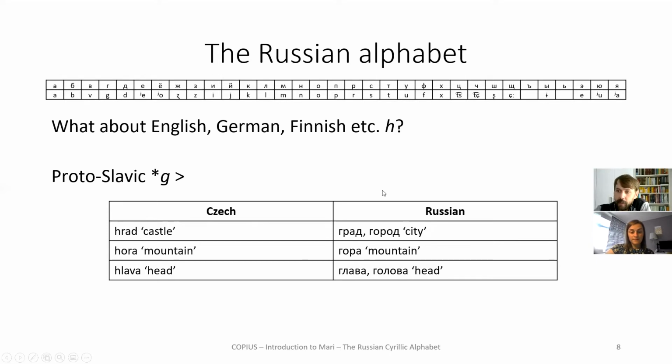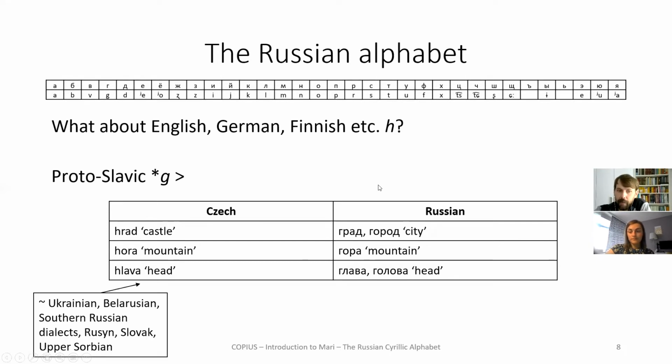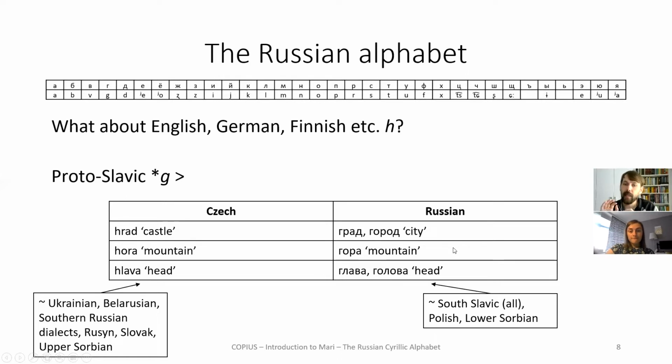Okay, and this historical dimension is also relevant because in modern Slavic languages you have a split: the h pronunciation, not just in Czech, but also in Ukrainian, for example, in Southern Russian dialects, for example, whereas the g pronunciation you have in all South Slavic languages, in Polish, in Lower Sorbian, and in Russian. And this connection between g and h is on some level still present to the modern speaker.